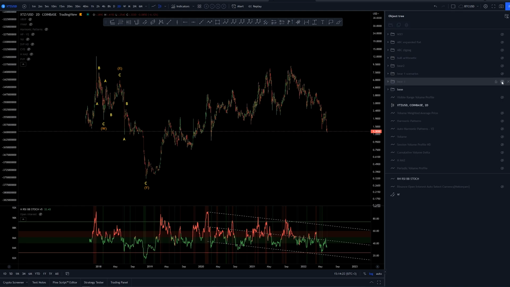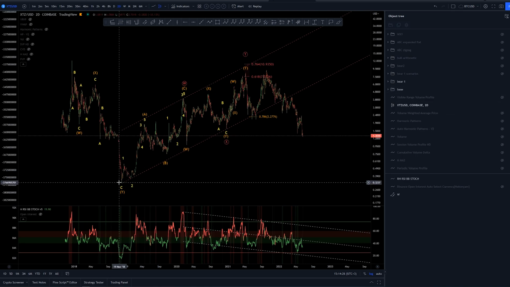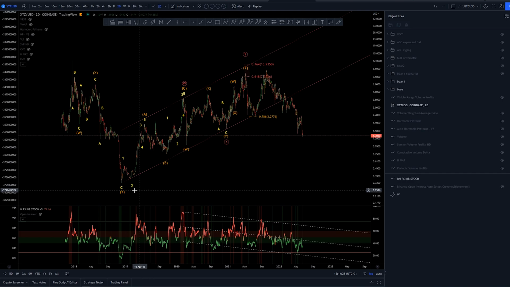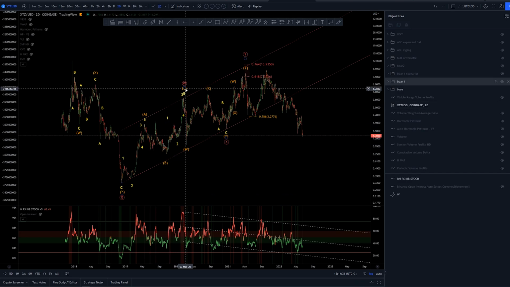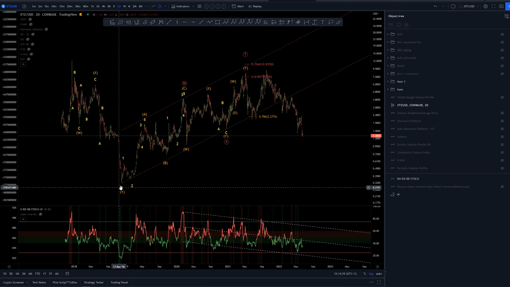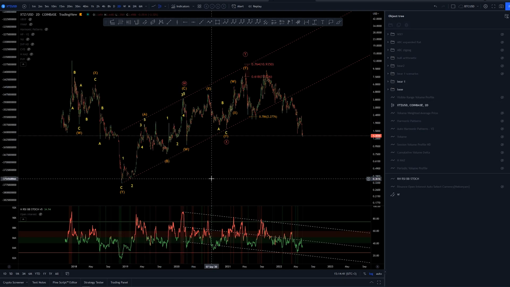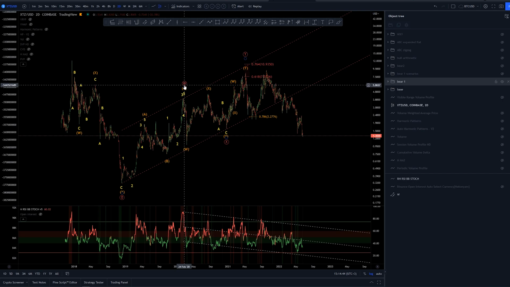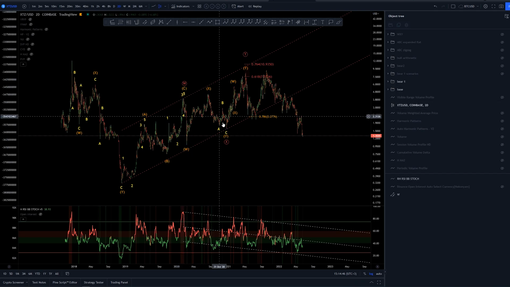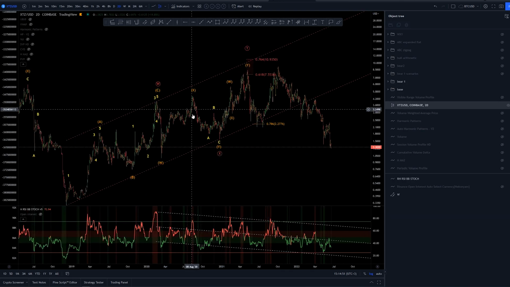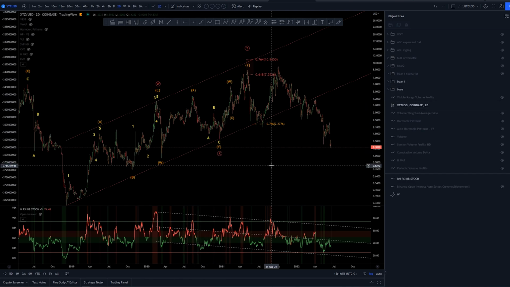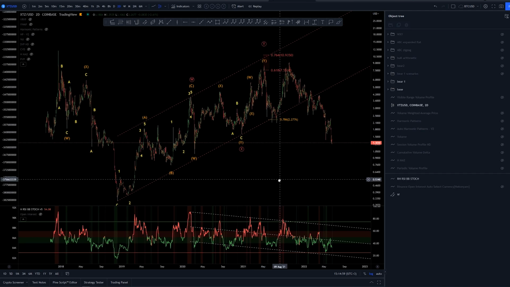Starting here again with this count, starting from the bottom and looking for higher prices, we have the possibility of this being a 1, 2, 3, 4, 5 into an A, then a 3-wave structure here into B, and then 5 waves again into C wave, so A, B and C. This again creates a primary W here, and then we have W, X and Y here. I mainly had this as a WXY just because this last leg here looks more like a 3-wave structure than anything else. So that's the reason there.